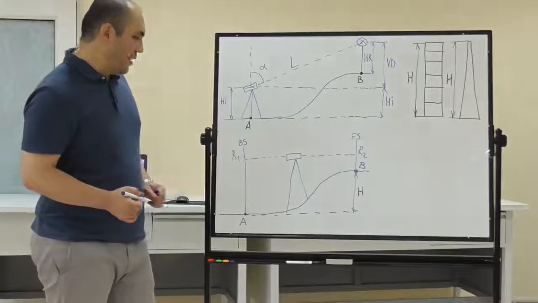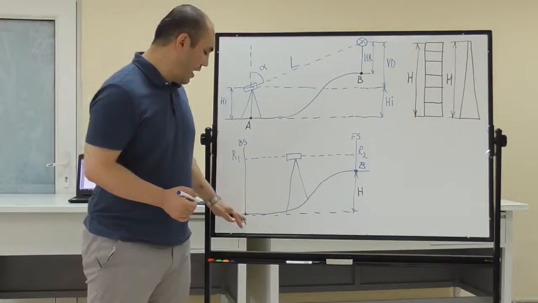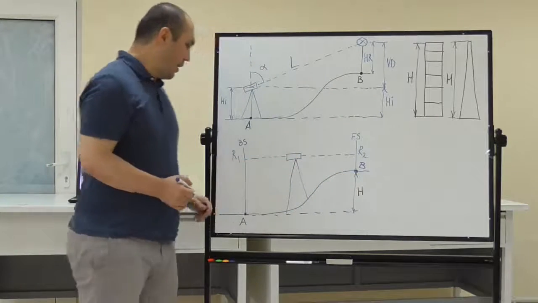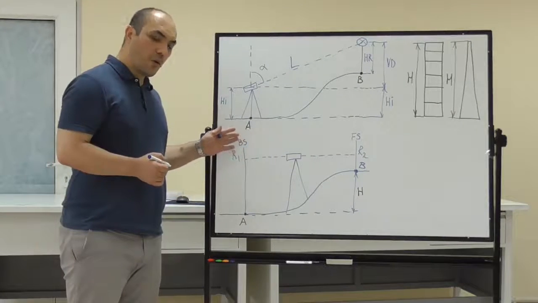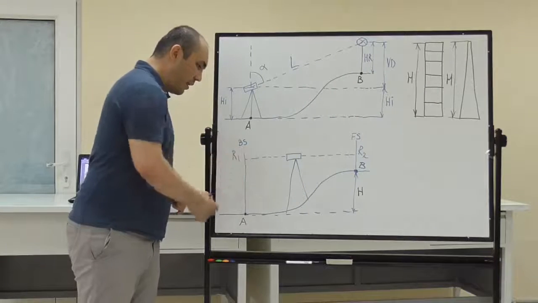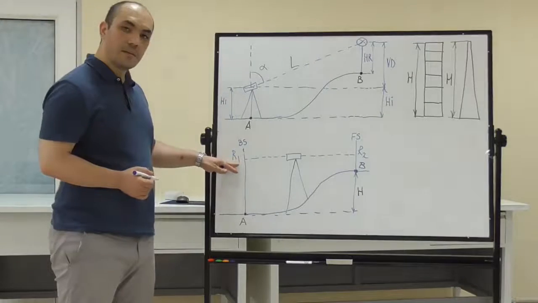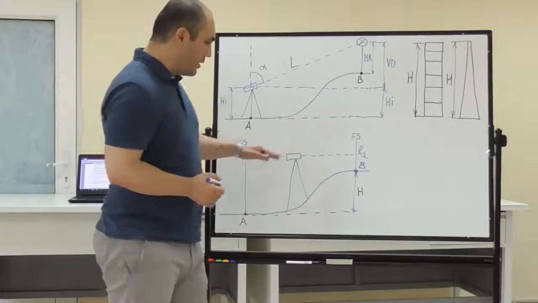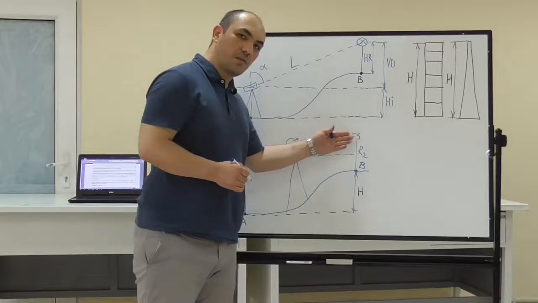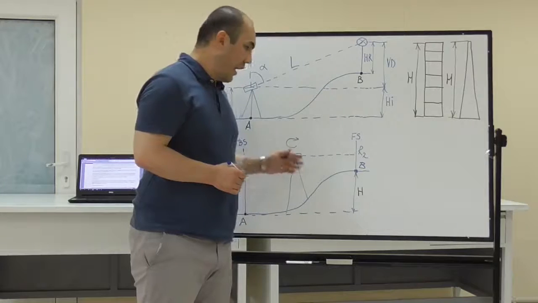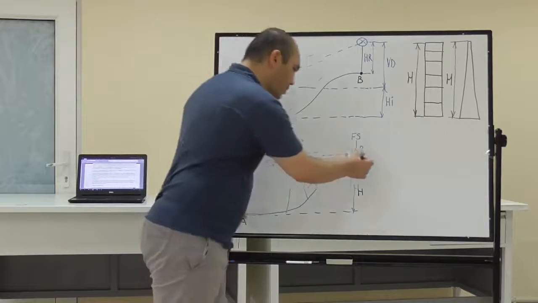In this case, the leveling instrument is placed at half the distance between A and B, and we hold our leveling rod on point A as a backside point and take the reading R1, and rotate the leveling instrument toward the foreside point and change the leveling rod to point B and take R2.